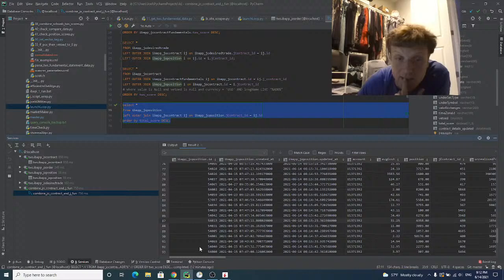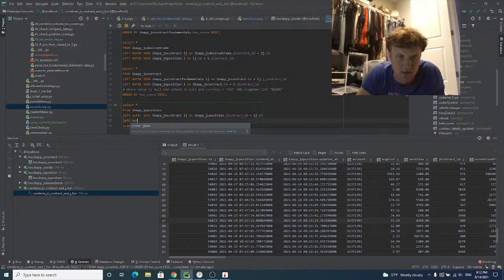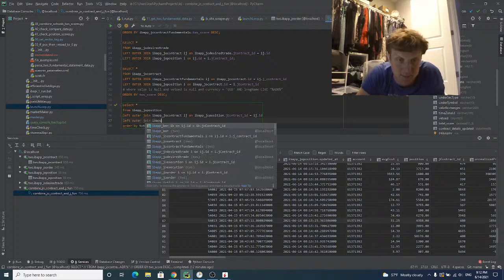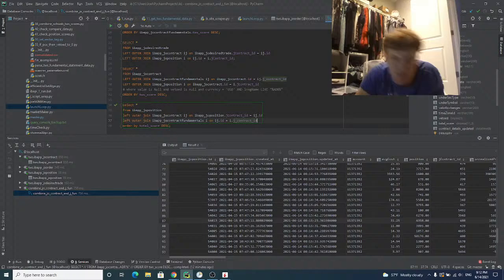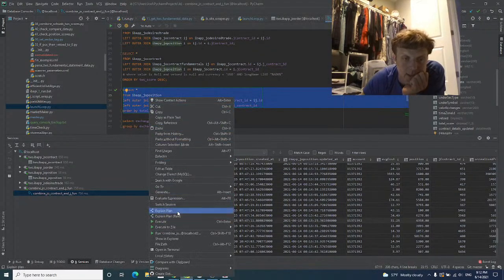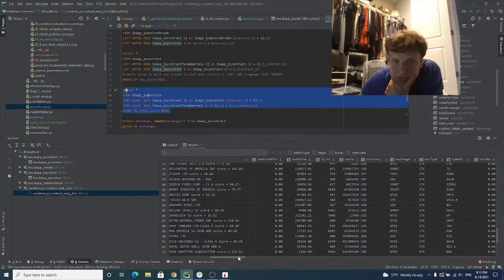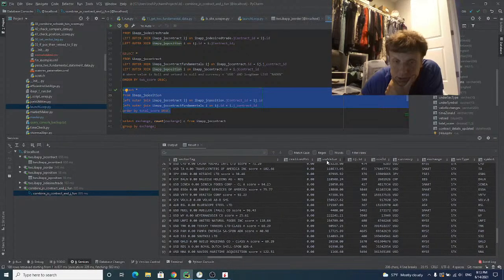I think I have to merge in that third table. Here we go. Left outer join IVF. We want the contract fundamentals. Okay, here we go. And it's total score descending still. So let's come over here, grab our US dollar value and move it over there.